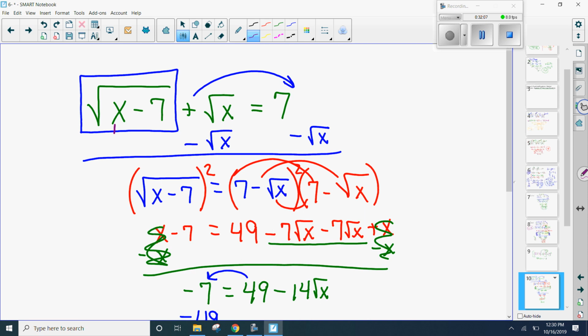So if I put it into this equation, what is 16 minus 7? 9. The square root of 9 is 3 plus the square root of 16, which is 4. Does that equal 7? Yes. Therefore, your answer is x is equal to 16.